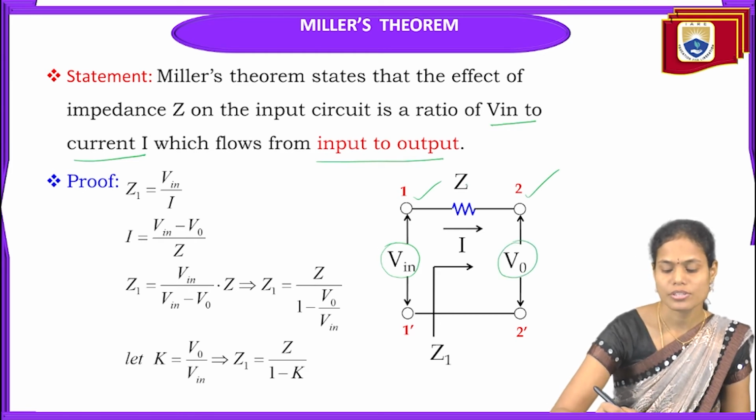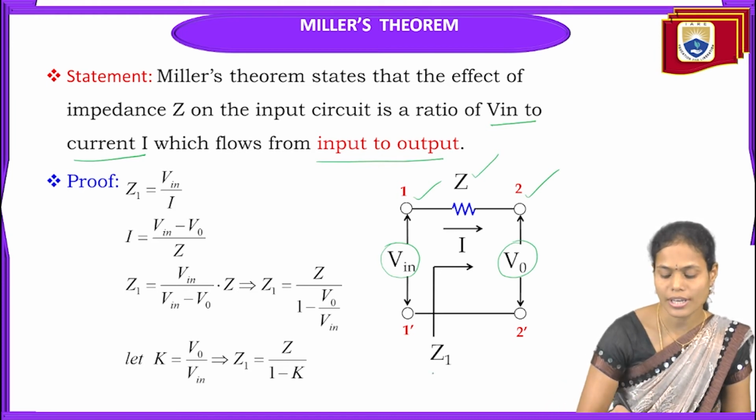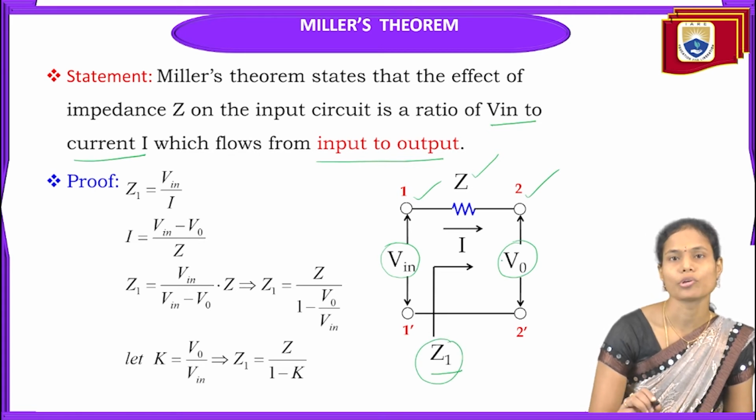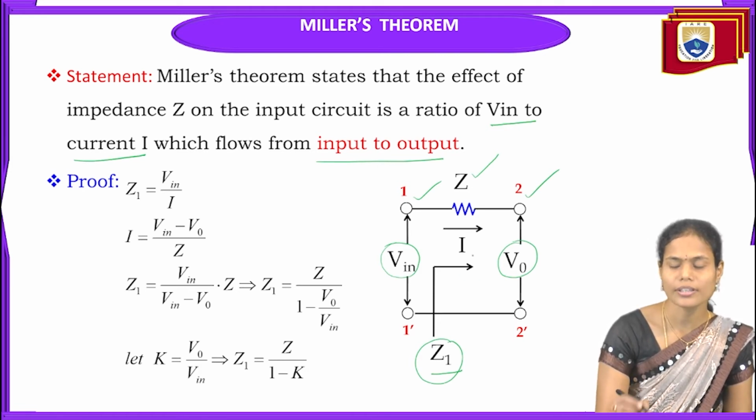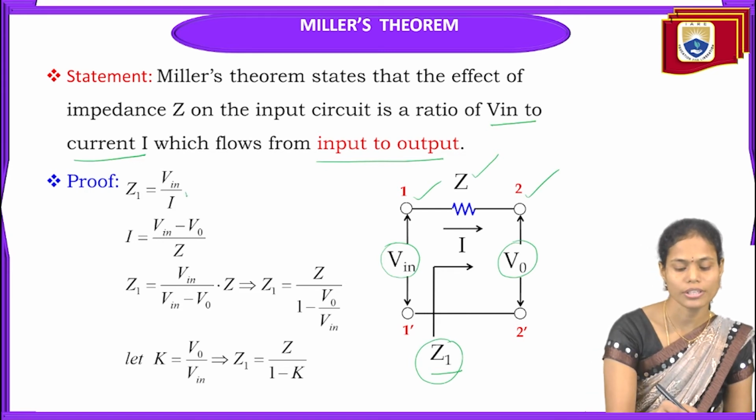This is the total impedance, but at the input side we represent it as Z1. To calculate this Z1, I look from the input side. When looking into the input side, my input impedance is V in by I.